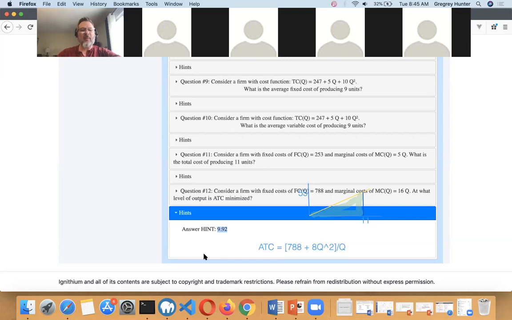Likewise, average total cost is equal to average fixed cost plus average variable cost, and the relationship between all of those. And if you don't memorize the shutdown rule, or that the marginal cost will intersect the average total cost at its minimum point, that kind of stuff, then, I don't know.